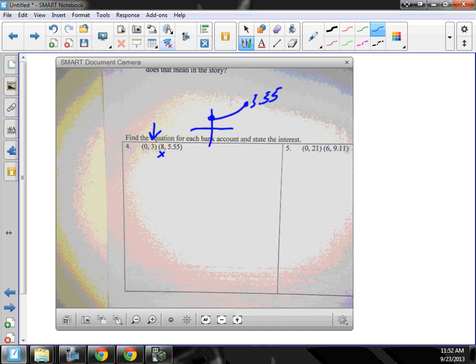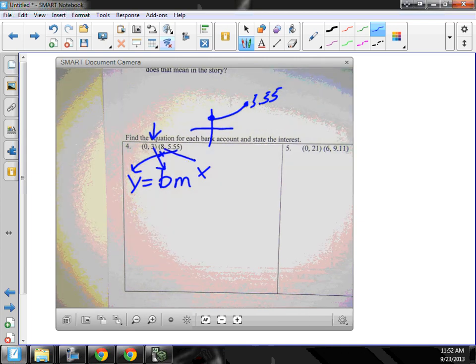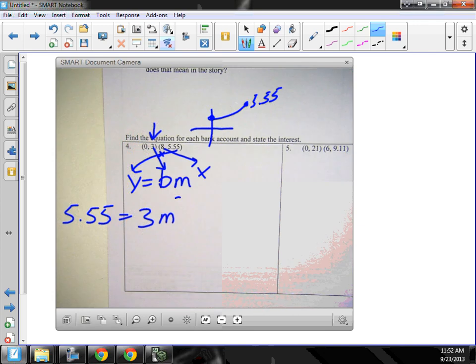So I'm going to plug all those numbers into y equals b times m to the x. So 5.55 equals 3 times m raised to the 8th power.